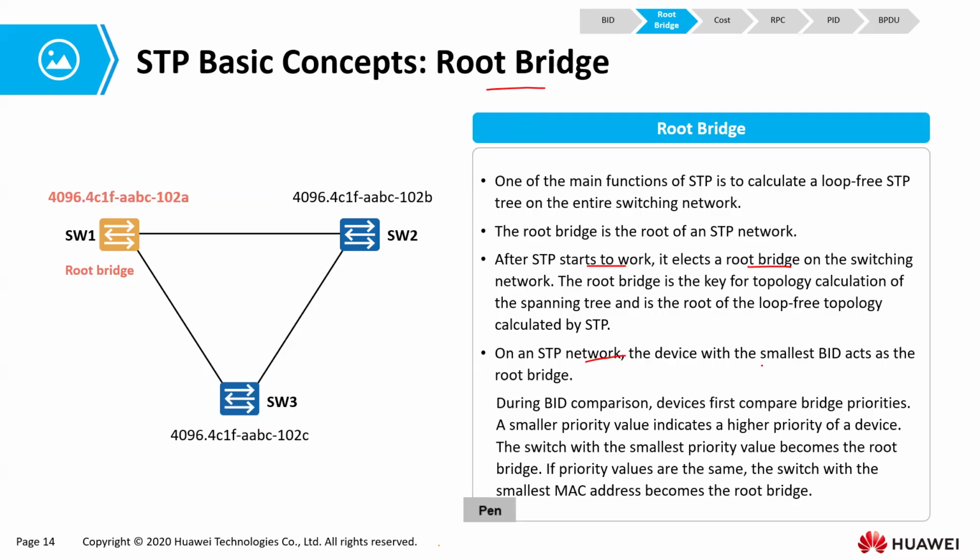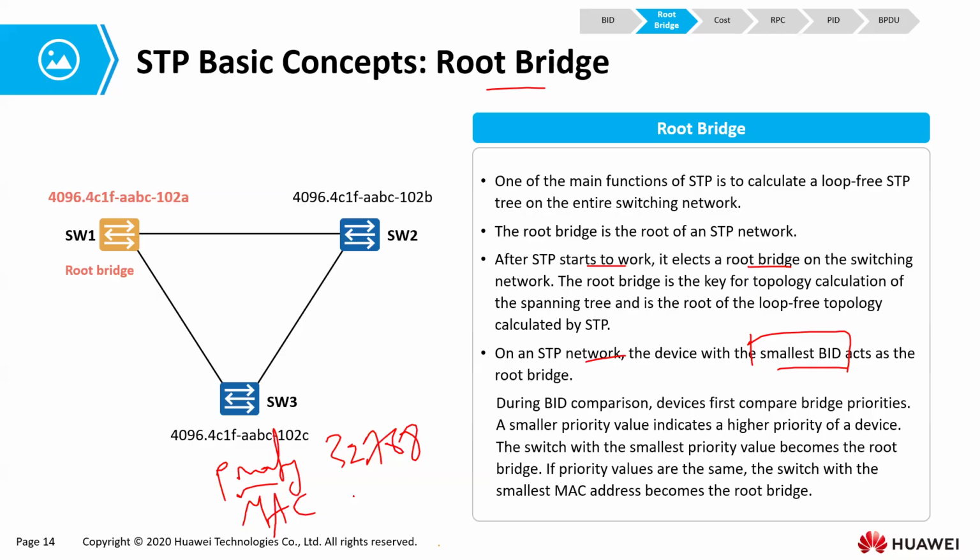On STP networks, the device with the smallest BID becomes the root bridge. Smallest BID, root bridge. What do you compare first when you say smallest BID? You look at the priority first, by default 32,768. Then, if they're equal, you look at the MAC address.